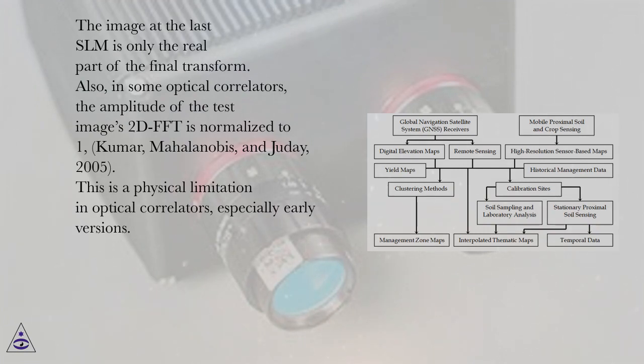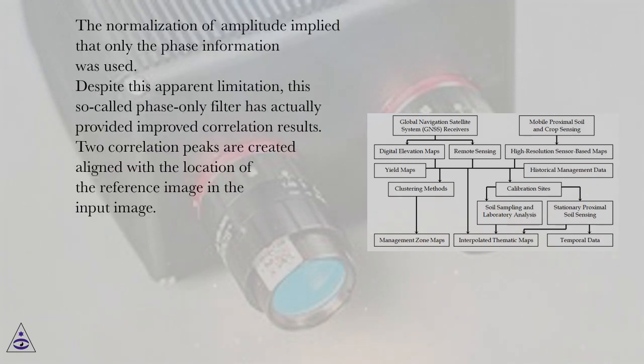This is a physical limitation in optical correlators, especially early versions. The normalization of amplitude implied that only the phase information was used. Despite this apparent limitation, this so-called phase-only filter has actually provided improved correlation results. Two correlation peaks are created aligned with the location of the reference image and the input image.